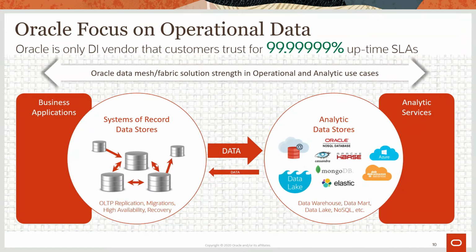What is happening now is folks that already depend on that software for these operational use cases on the left are now expanding the use of this software for the analytic use cases on the right, which is to make the data available as real-time streams across these analytic solutions as well.